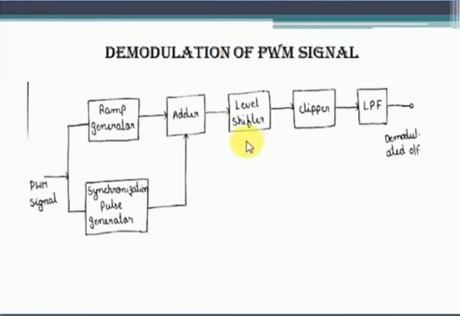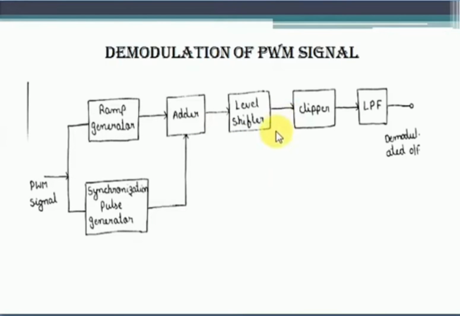Here, the level shifter simply shifts the output of the adder signal. How much shift is used in order to get a perfect message signal depends on the application. But here, in order to understand easily, we are using a negative offset voltage, which means that whatever the output of the adder circuit is, that is shifted to the negative side.